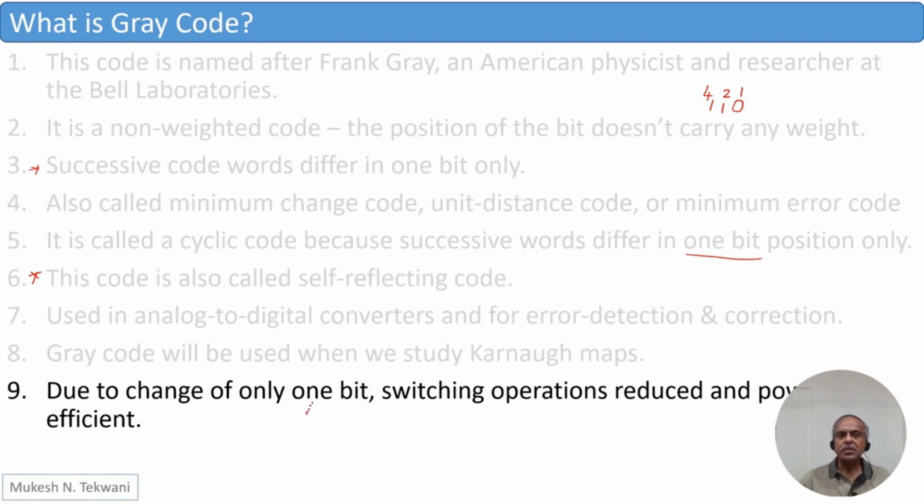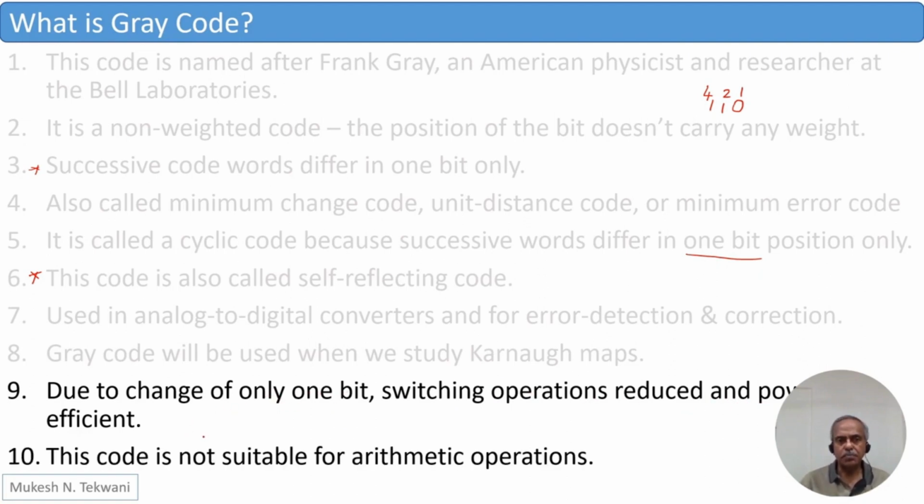Since there's a change of only one bit, the switching operations are reduced and it becomes a power efficient code. And last but not least, this is a very important property: this code is not suitable for arithmetic operations.